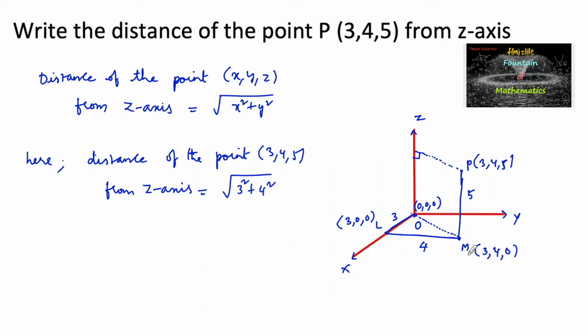The distance between the origin (0, 0, 0) and (3, 4, 0) is also, we can say, 3 square plus 4 square plus 0 square, that is 3 square plus 4 square, or by using the right angle triangle we can consider. So which is nothing but 9 plus 16, it's root 25, which is 5 units. So the distance is 5 units we can consider. Okay.